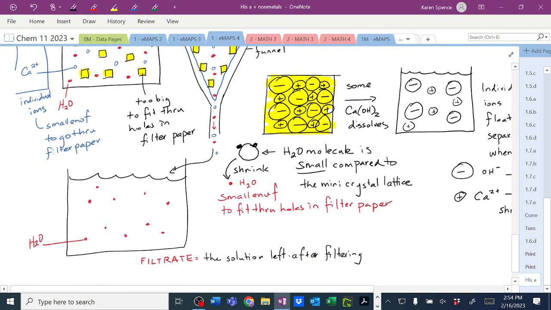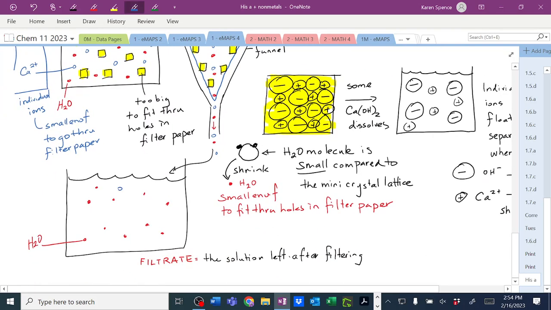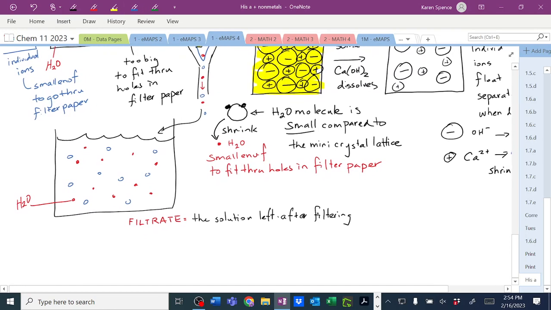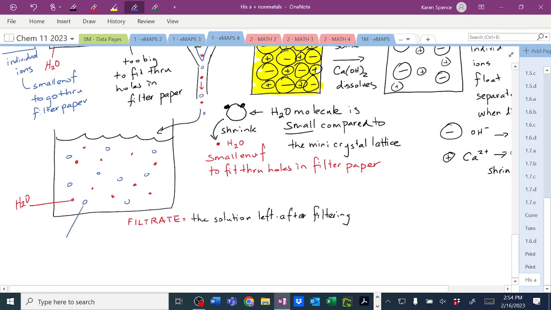So now, down here, that's what's in here. Okay, we have water molecules and we have little dissolved ions. Are those dissolved ions big enough to scatter the light?